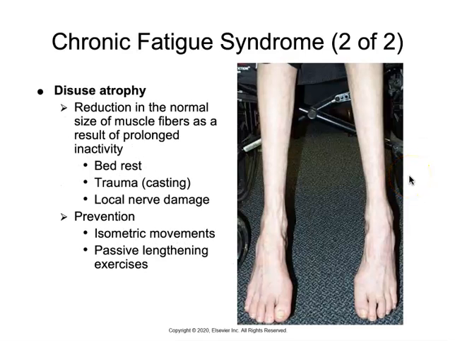Now, within chronic fatigue syndrome, we can start to have disuse atrophy, and this is when we have a reduction in the normal size of muscle fibers as a result of prolonged inactivity.